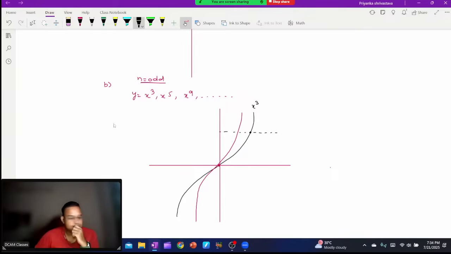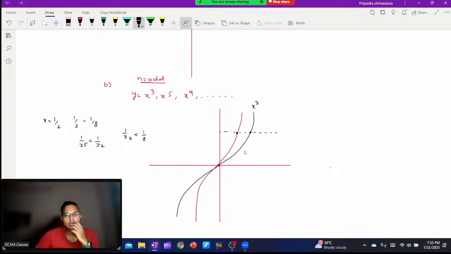Let's see, if you have x as 1 by 2, 1 by 2 cube is 1 by 8, and 1 by 2 power 5 is 1 by 32. 1 by 32 is less than 1 by 8.